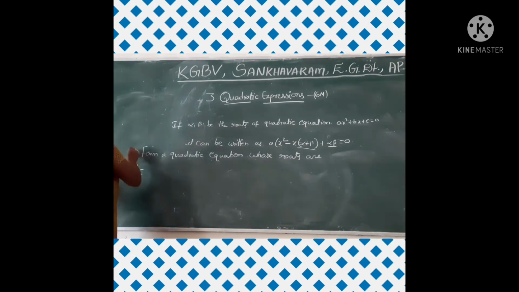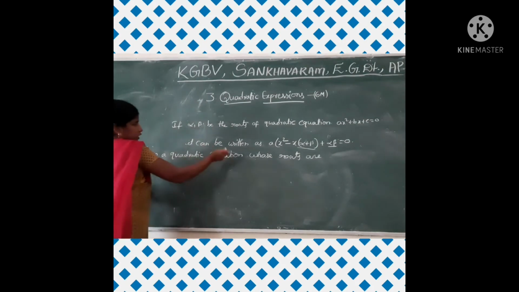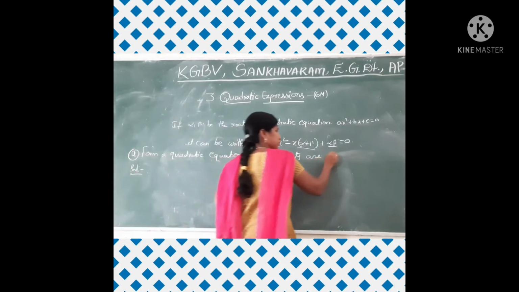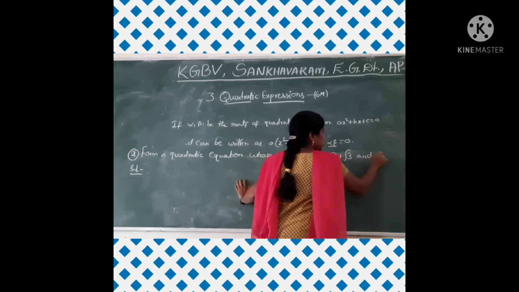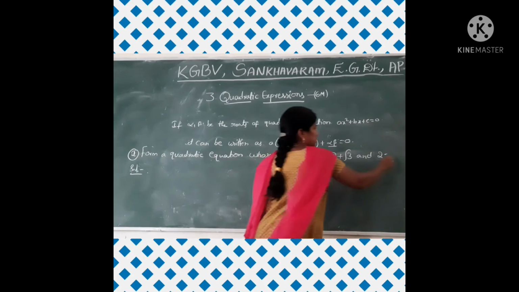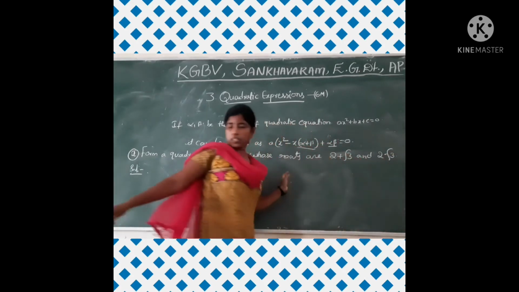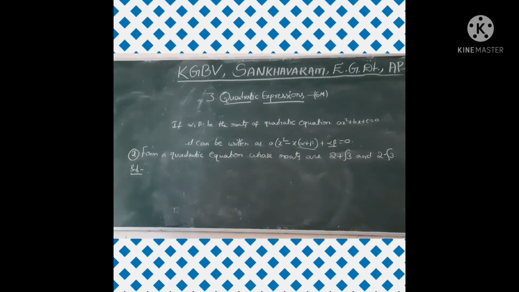The second one is: form a quadratic equation whose roots are 2 plus root 3 and 2 minus root 3.